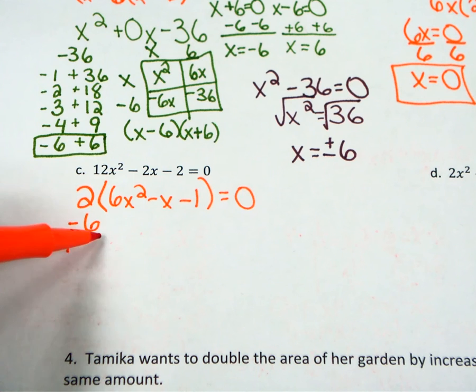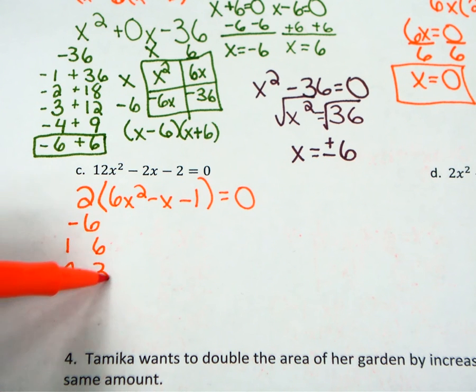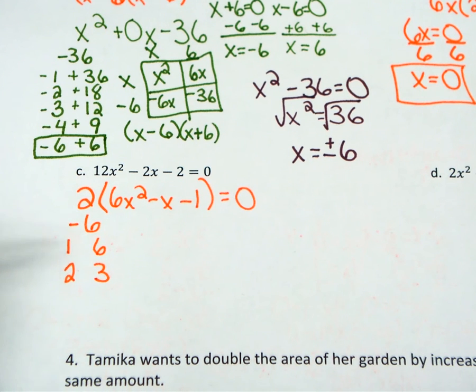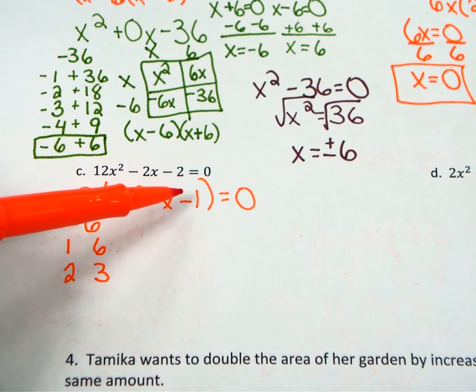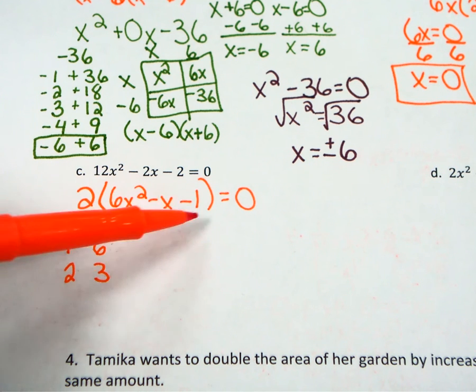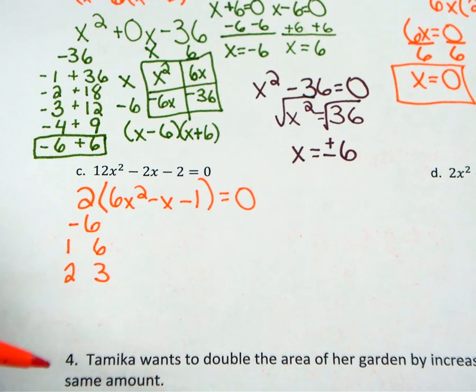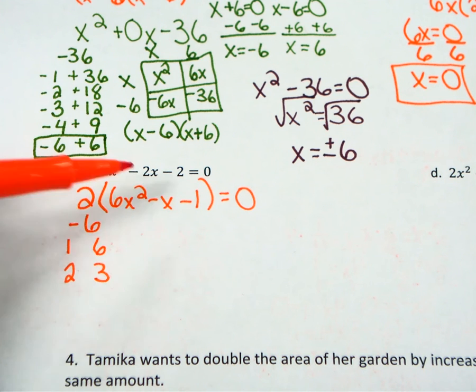Then the factors, the signs. The last number is negative, so I can have 1 plus, 1 minus. The middle number is negative, so the larger one should be negative.